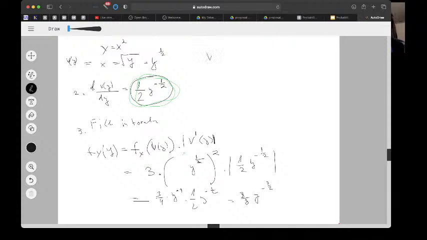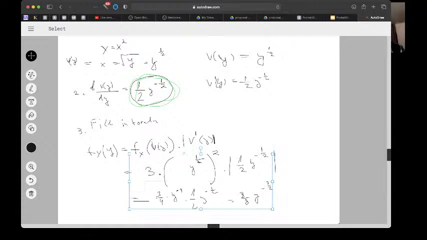So this is what I was supposed to fill for v of y. And this is the derivative of v of y. Yeah, so then this was wrong.